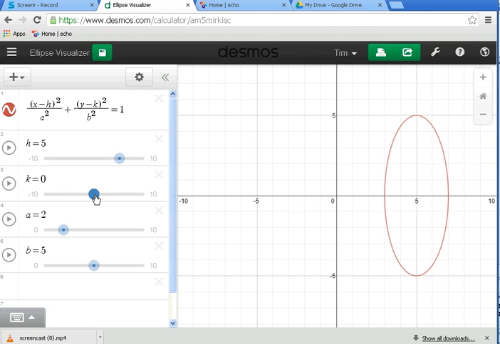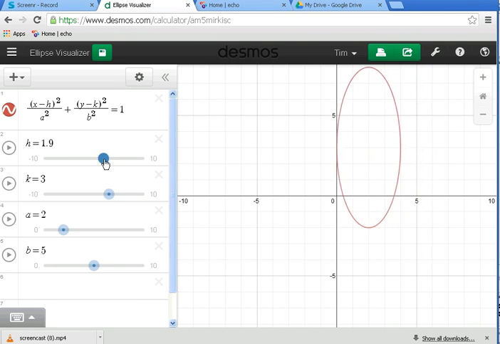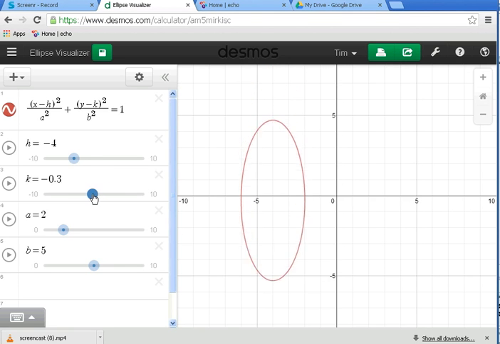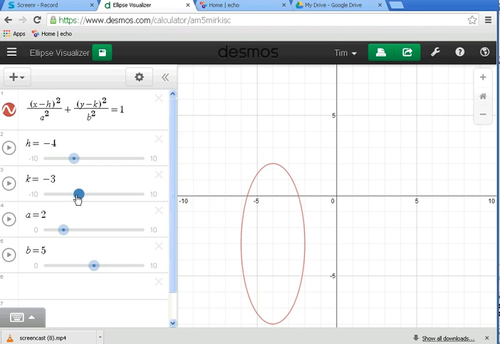If I increase the k value, the ellipse shifts upward. Exactly the same thing as with the circle. If I decrease the h value, the ellipse shifts to the left. And if I decrease the k value, the ellipse shifts downward. Really, there are no surprises here, right?